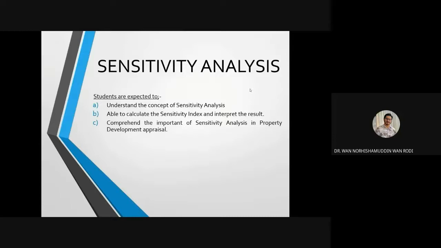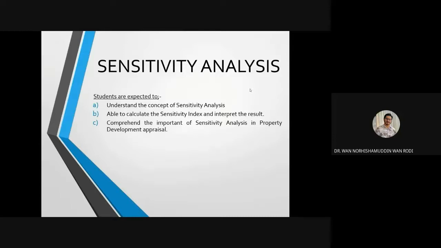This index will tell us whether the profit is sensitive to cost or whether the profit is sensitive to any changes in sales price, for instance. And also the results can be read in the context of the index, so closer to 1 or probably far from 1.0 and so on. After this, we will look into the interpretation of the results.